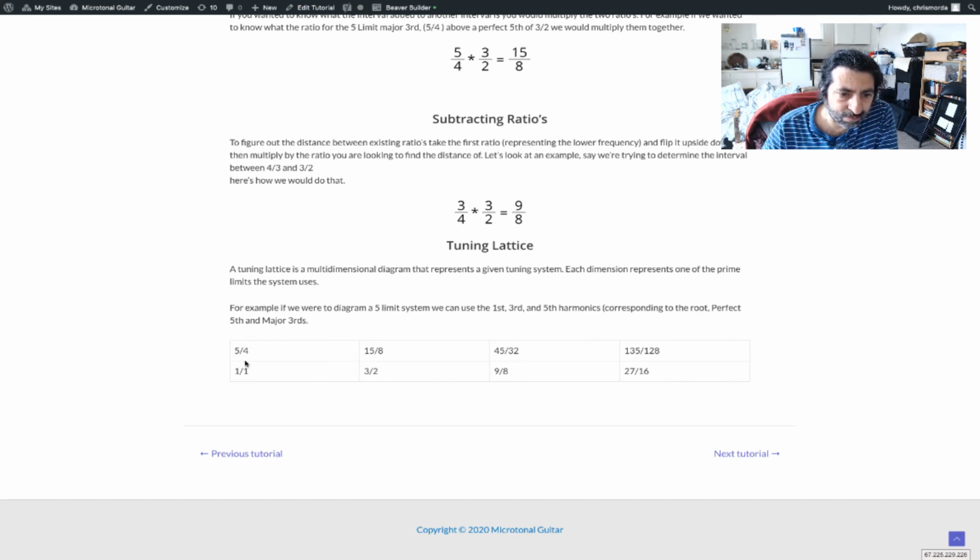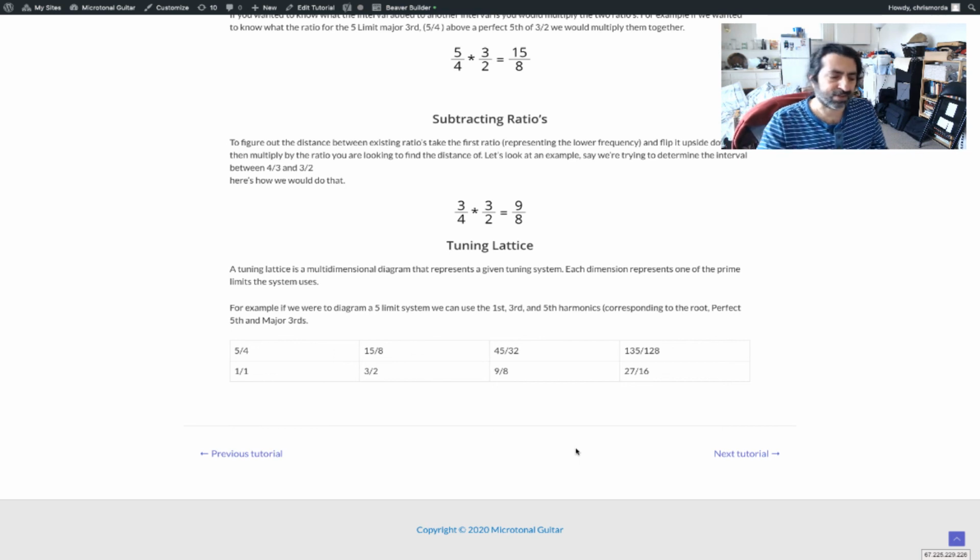Moving up, it goes up 5 over 4, and moving across, it goes across 3 over 2. So then this would be 3 over 2 times 5 over 4, 15 over 8. 3 over 2 times 3 over 2, 9 over 4, and then we bring that up to its range inside of an octave, so that's 9 over 8. Times that by 5 over 4, 45 over 32, times 3 over 2, 27 over 16, etc.